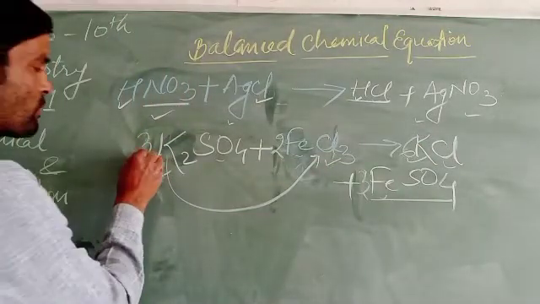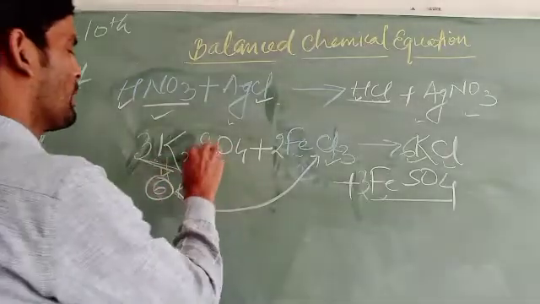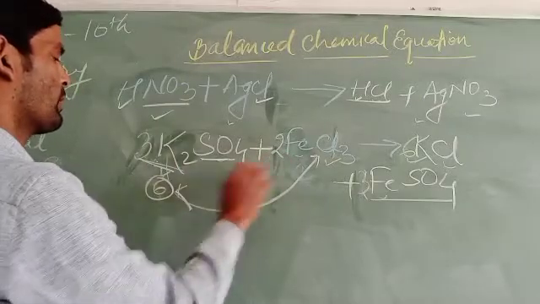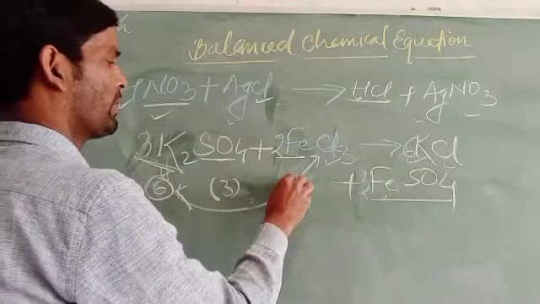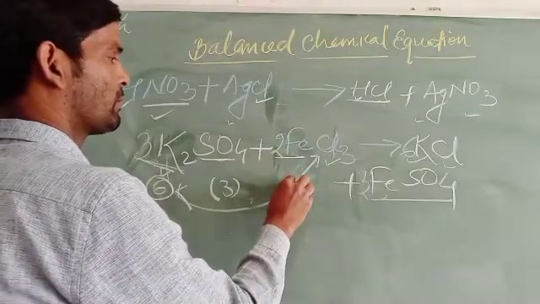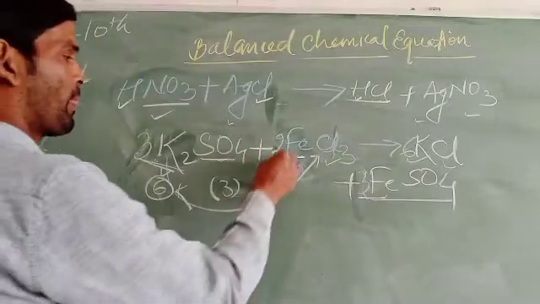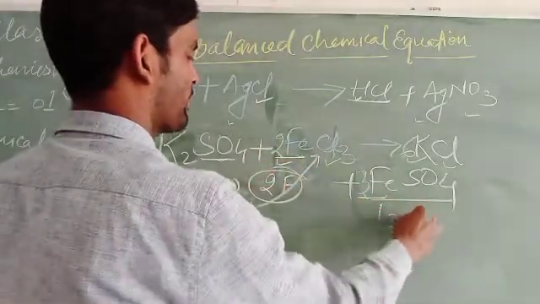There is 3K, there are 6 molecules of KCl, K2SO4 multiplied by 3, SO4 having 3 molecules, Fe having 3 molecules. 2 molecules of Fe are here and 3 molecules of Fe are here.